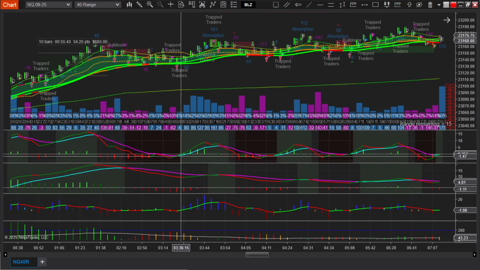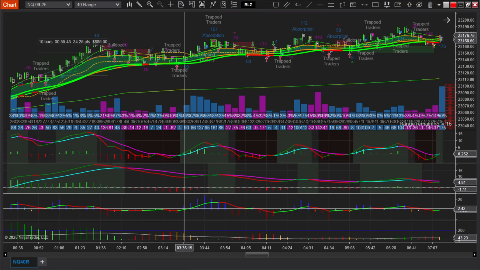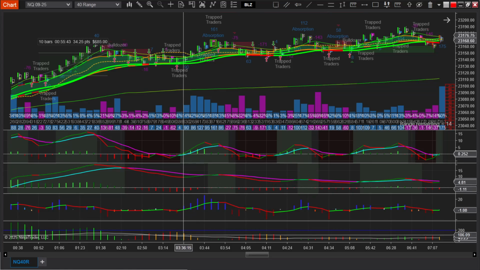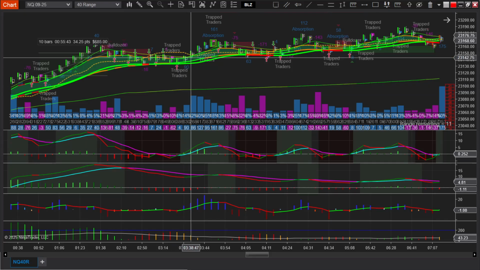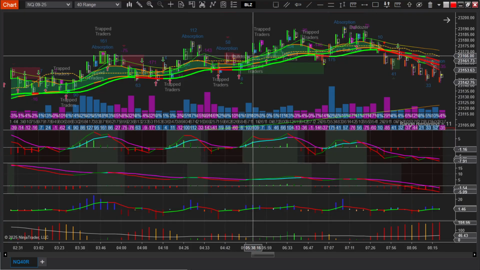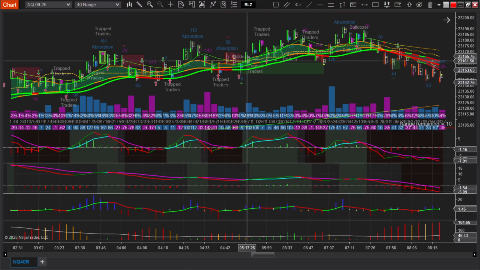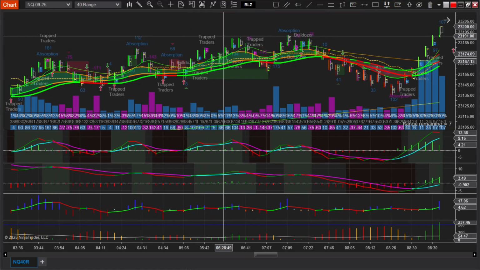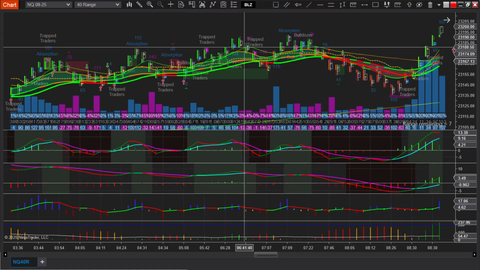This here, the fast is crossing up. This is pushing up. Watt is negative and dying, and so this one here, not sure. But see, these aren't that big.